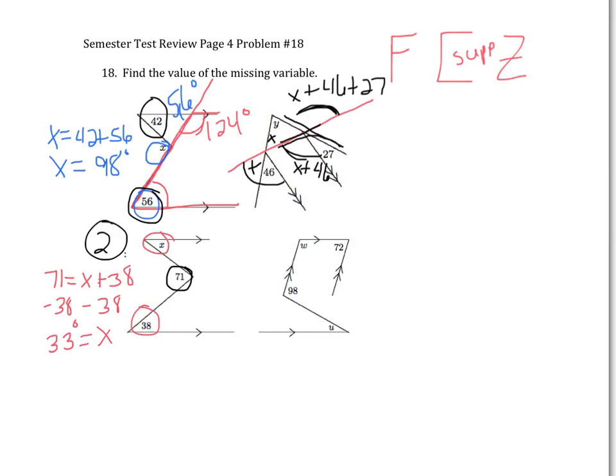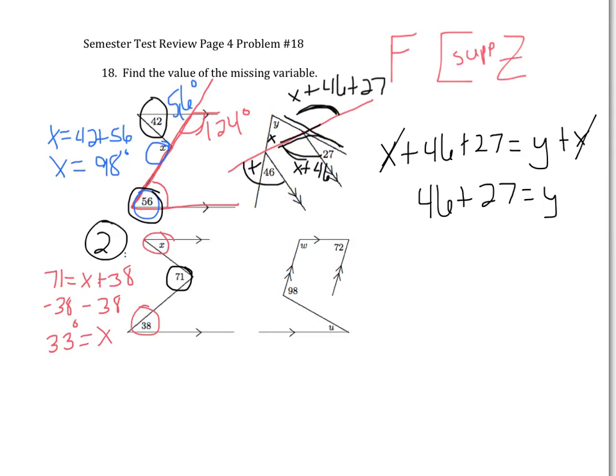So I know that the exterior angle that is made up of the expression X plus 46 plus 27, I know that that's going to equal the two non-adjacent interior angles, which I have labeled as Y and X. It's going to equal their sum. Well, since I have an X on both sides of the equation, I can simply subtract the X off. So now I know that Y is going to equal 27 plus 46, which happens to be 73 degrees.